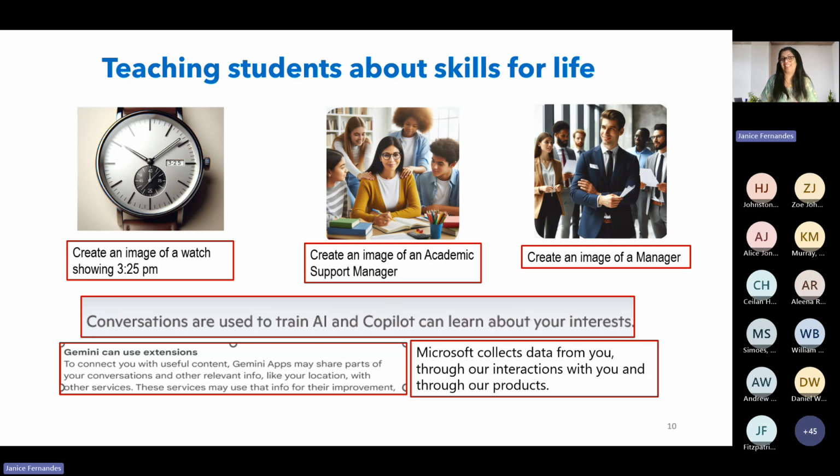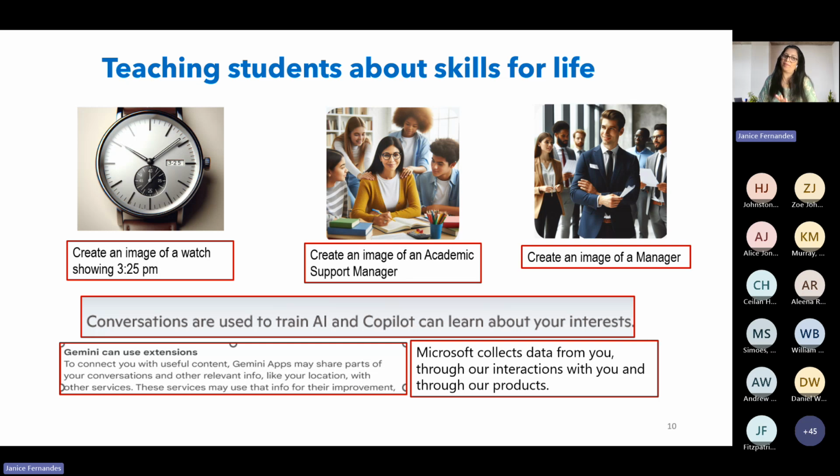Apparently, in any AI tool, if you ask for the image of a watch, no matter what time you tell it, it will always show you a clock like this, which says 10:10. I did a little bit of research on it, and apparently the LLMs, or large language models, have been trained just on this image.